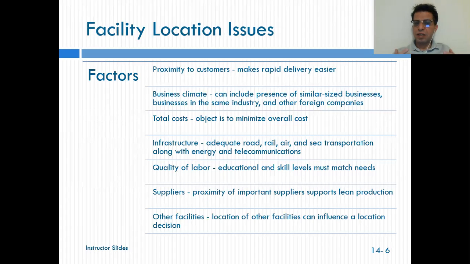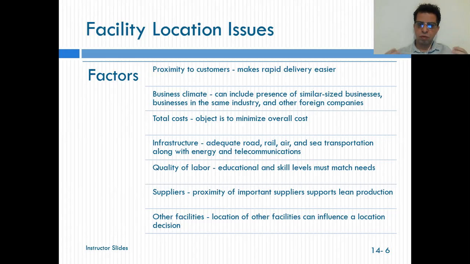The facility location issue: when we are looking at where we should create these facilities, the factors include proximity to the customer, which makes rapid delivery easier. The business climate can include the presence of similar-sized businesses, businesses in the same industries, and other foreign companies.